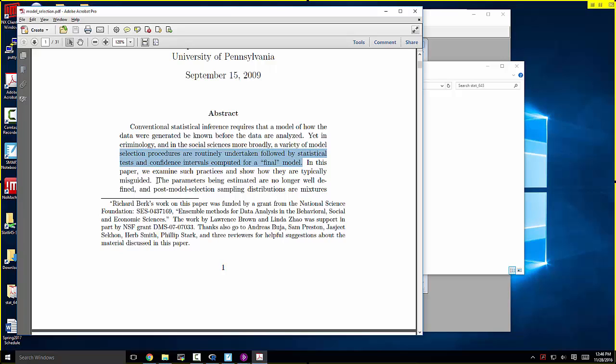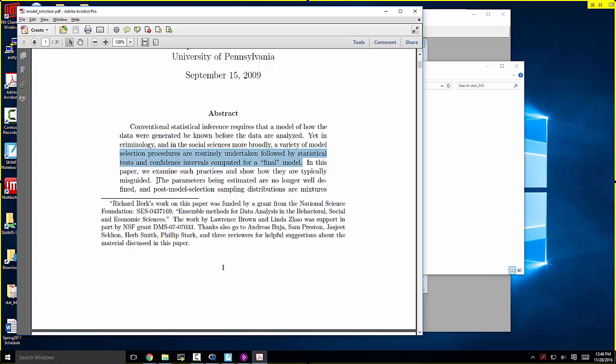I showed you a simulation earlier this semester with the stepwise model building algorithm, and we just looked at what happened. Confidence interval coverage, for example, was destroyed. What we called 95% confidence intervals in the simulation scenario were nowhere near having 95% coverage.